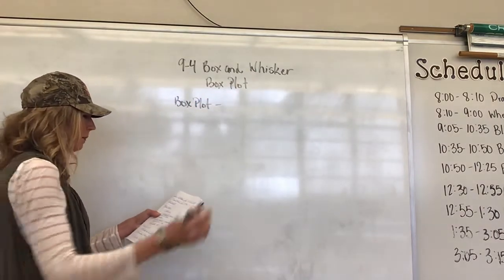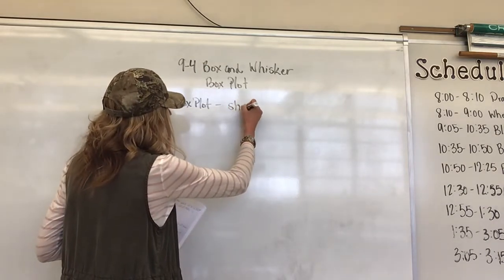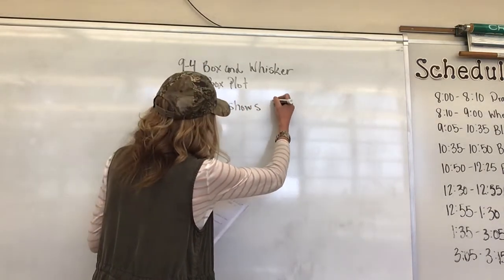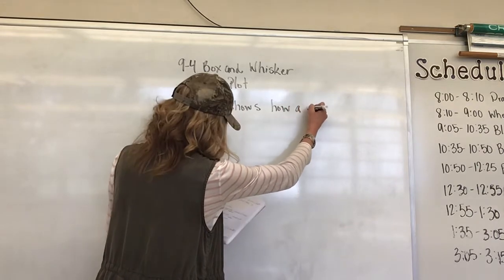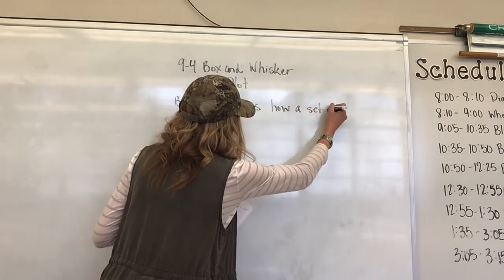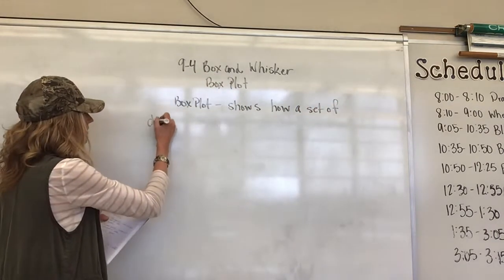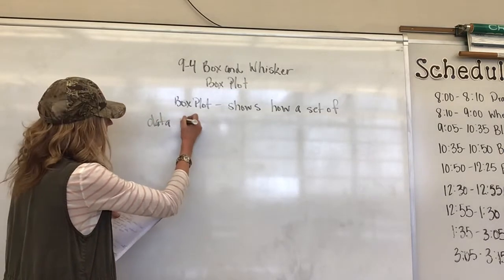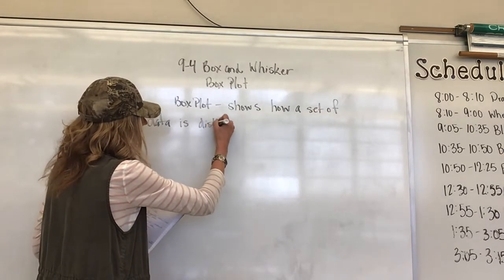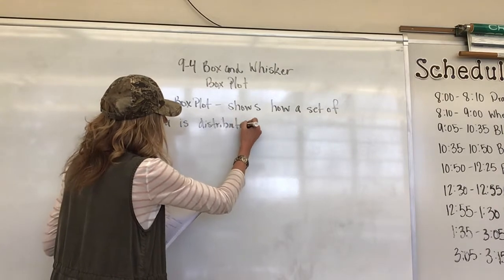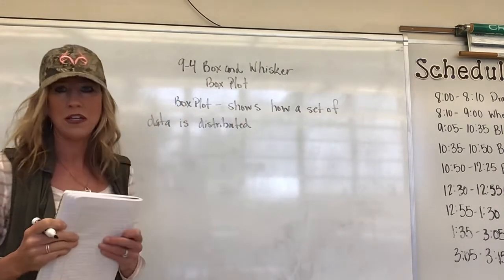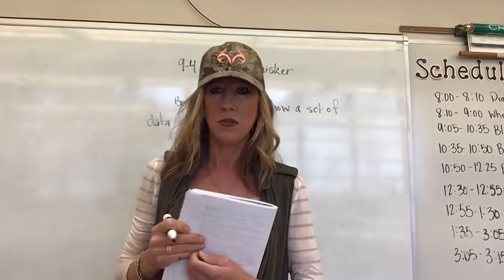This is the definition. It shows how a set of data is distributed. We are in a section that is talking a lot about data, and what do we do with this data?